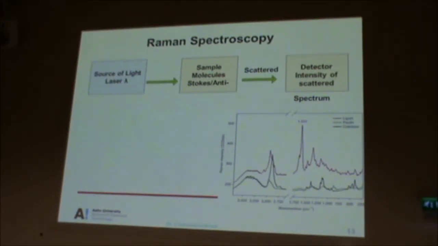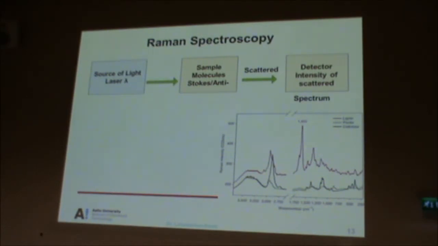Okay, so now I'll go back to the setup for Raman spectroscopy. You have a sample chamber, and then you send excitation light inside, and you measure the scattered light. In infrared spectroscopy, you measure the absorption light. And this is a typical spectrum. Here is the wavelength, the frequency.